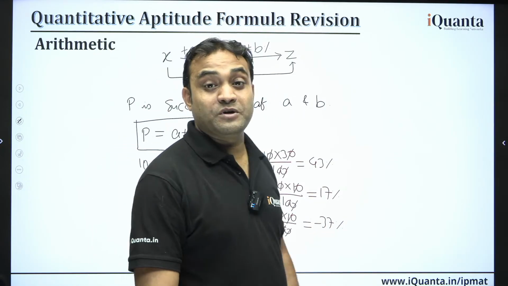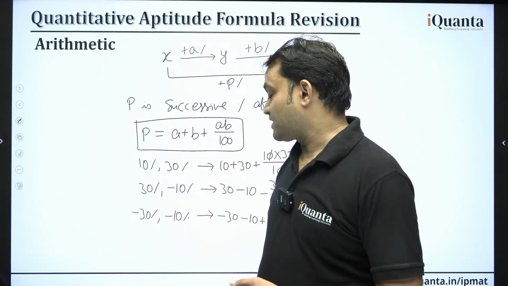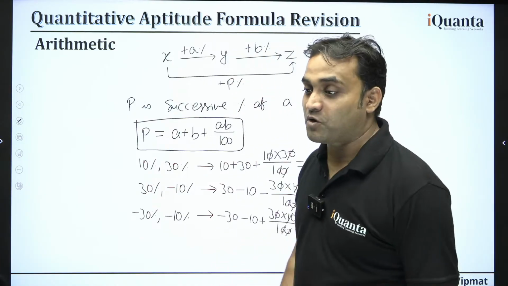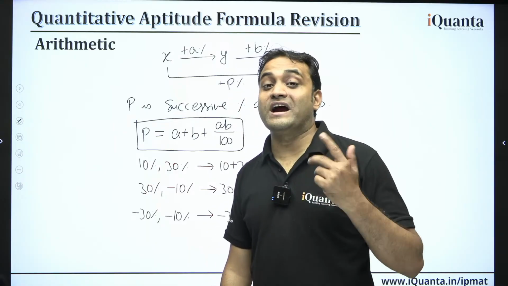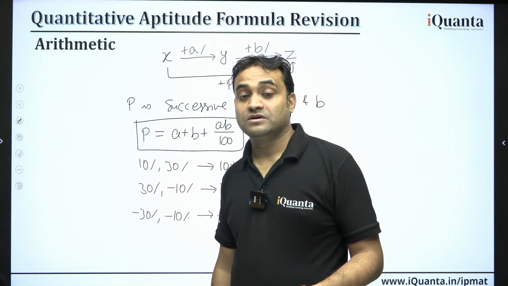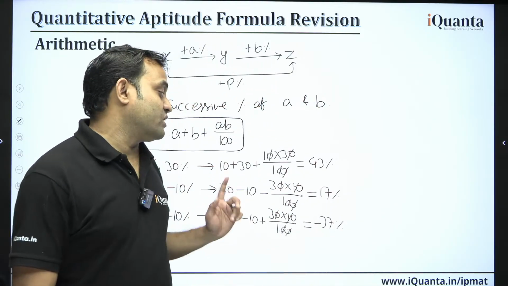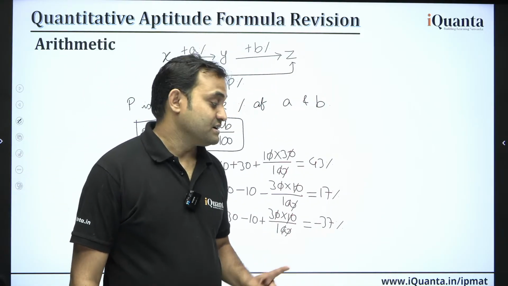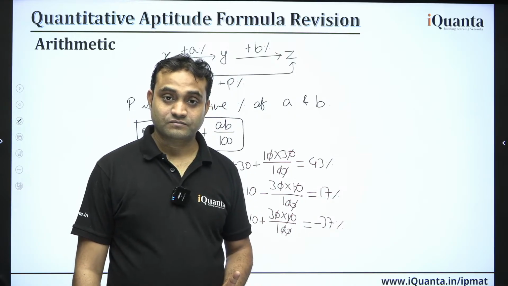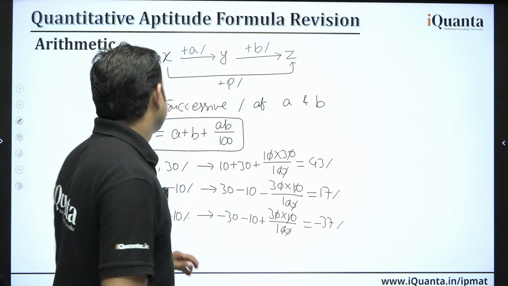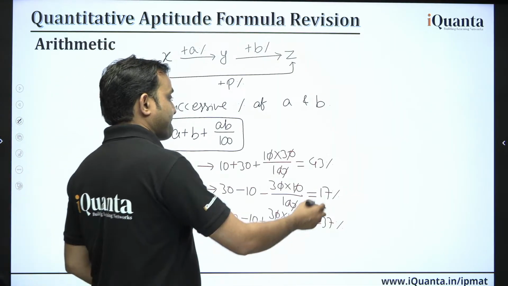Now this can be also understood in this way that a shopkeeper is providing you 30% discount. Then on top of that, he is providing you 10% more discount. So what is the equivalent discount you are getting? It's not 40% discount. It will be 37% discount. All right.